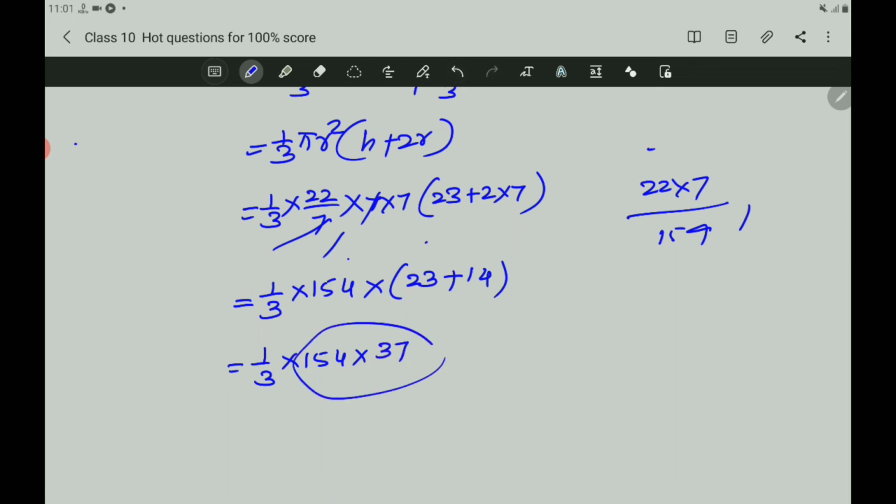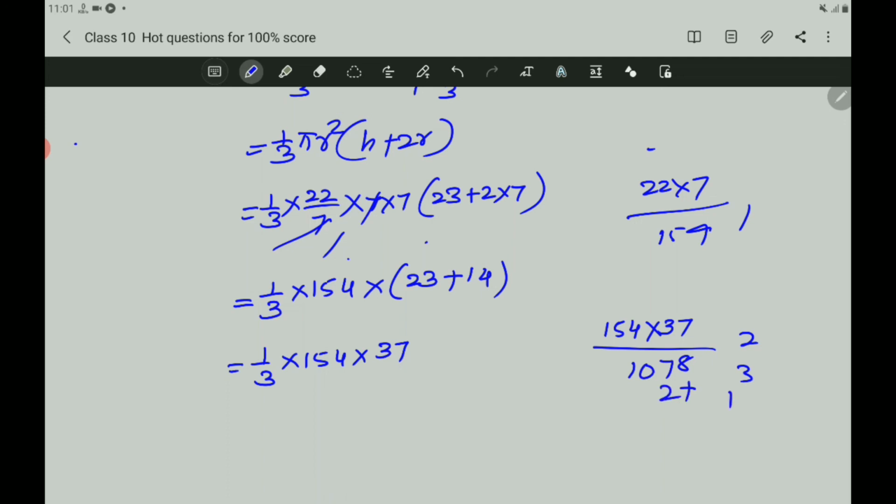Now you get the product of these two, 154 into 37. 7 4s are 28, 7 5s are 35 plus 2, 37, and 7 1s are 7 plus 3, 10. Then 4 3s are 12 and 15 3s are 45 plus 1, 46.